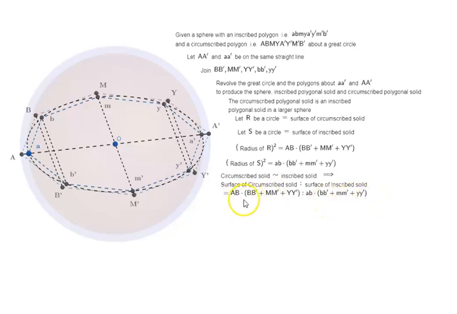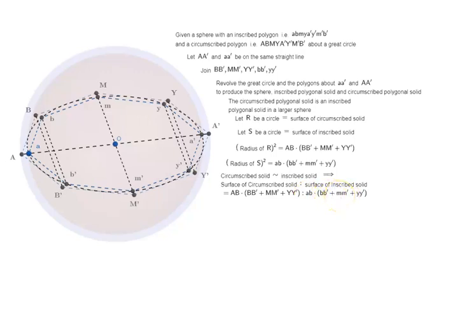Now, look at these not as mathematical expressions. Look at it as a rectangle where AB is one side of the rectangle and this is another side of the rectangle. This is another rectangle with one of the sides as ab and the other side as this.